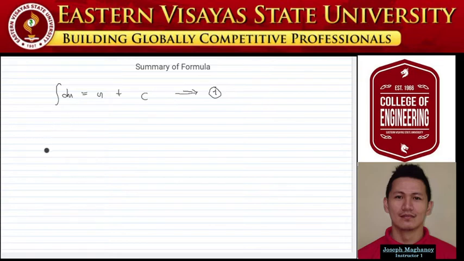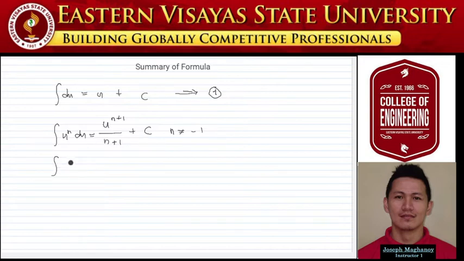For our second formula, the integral of u raised to n du is equal to u raised to n plus 1 over n plus 1 plus c. This is true when our n is not equal to -1.